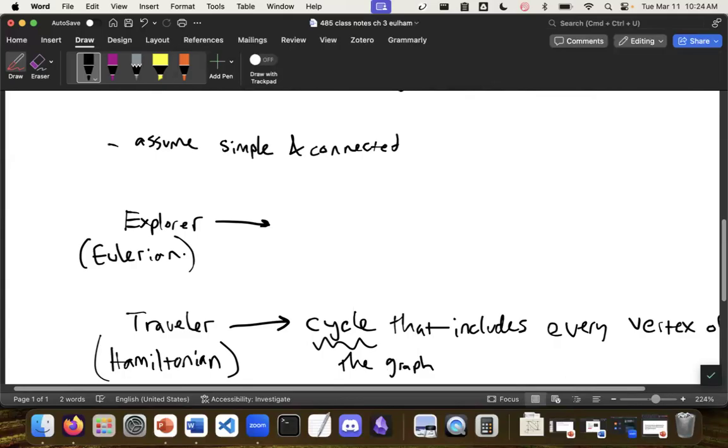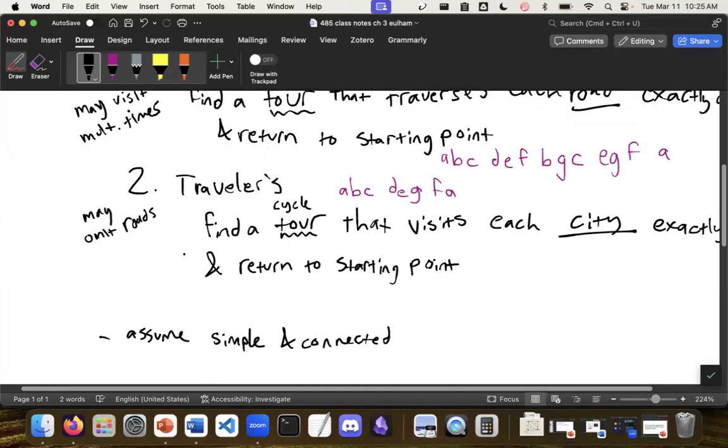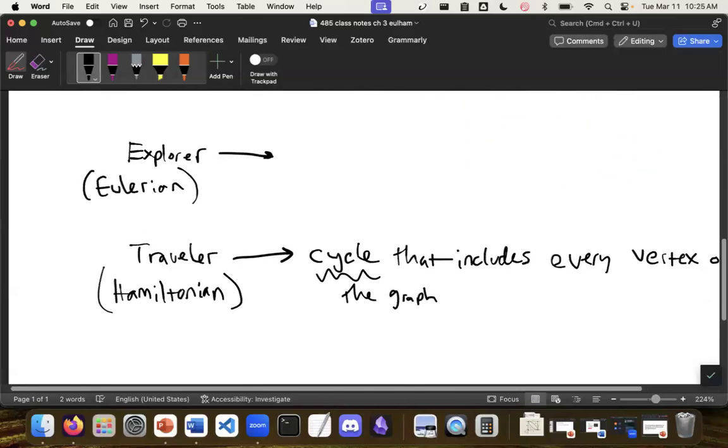We know a walk, which is just going from one edge to another, no restrictions. Yeah. A path. I would say no. Do you have an idea? Trail. Yeah. So it's not a path because a path doesn't repeat vertices, and we can repeat vertices. So we're looking for a trail.